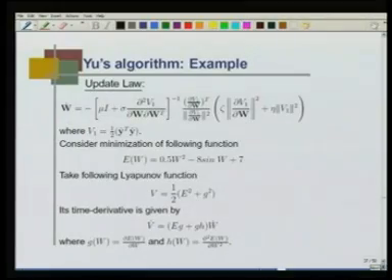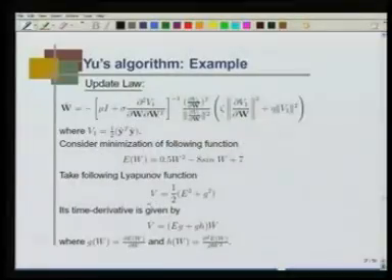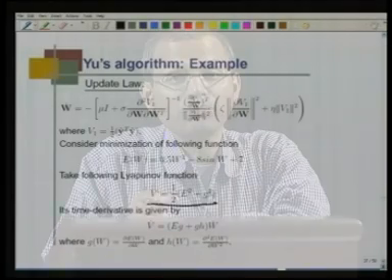So, we will now talk about another algorithm. We talked about gradient descent, Newton, Quasi-Newton method, and conjugate gradient. Now, this is a very recent algorithm of Wu, who conceived a Lyapunov function. This is the Lyapunov function V, which is half E square. E is the normal cost function that we gave earlier in this class, which is the summation of yp desired minus yp whole square over all the patterns.